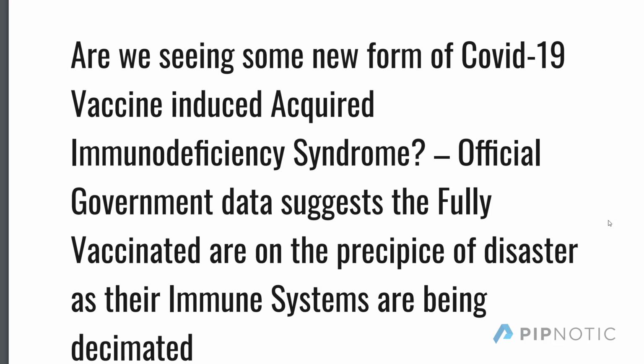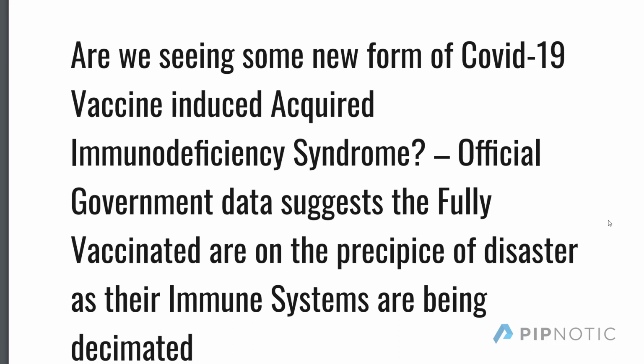The NHS is showing via their data that people who have been double vaccinated are developing immunodeficiency, which is a really bad thing. So you can call it vaccine-induced immunodeficiency. Acquired immunodeficiency syndrome is also known as AIDS.